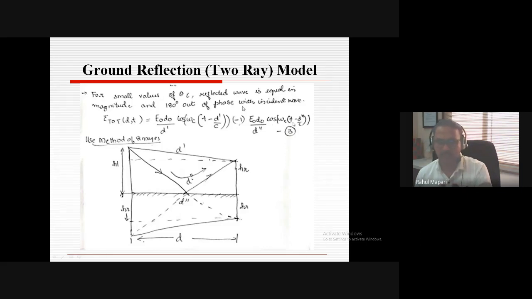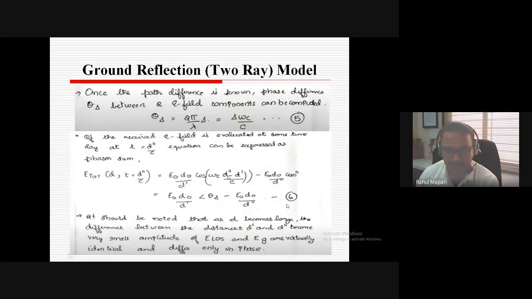T is equal to D double dash by C minus D double dash by C. So here if you observe the second parameter, it becomes D double dash by C minus D double dash by C. It becomes 0, means cos of 0, and we know that cos of 0 is equal to 1.